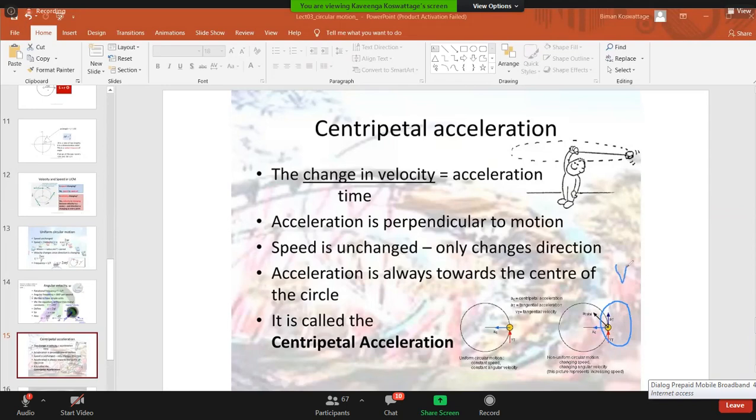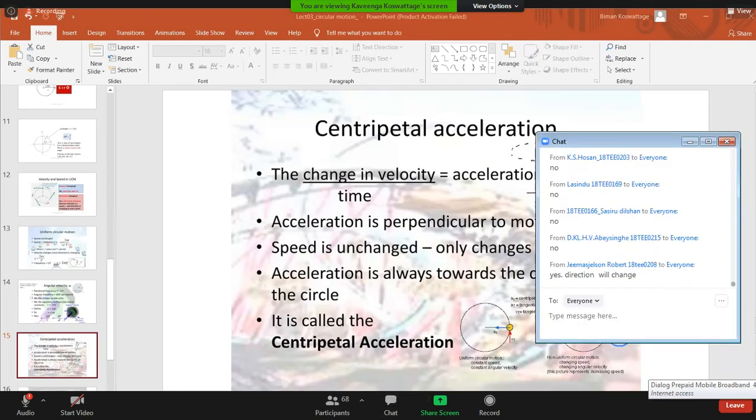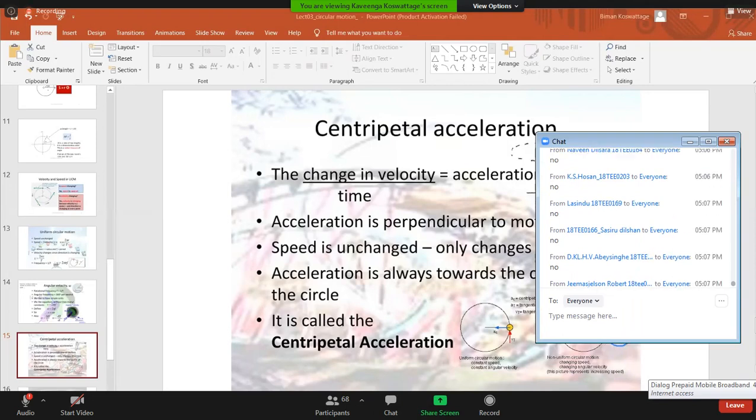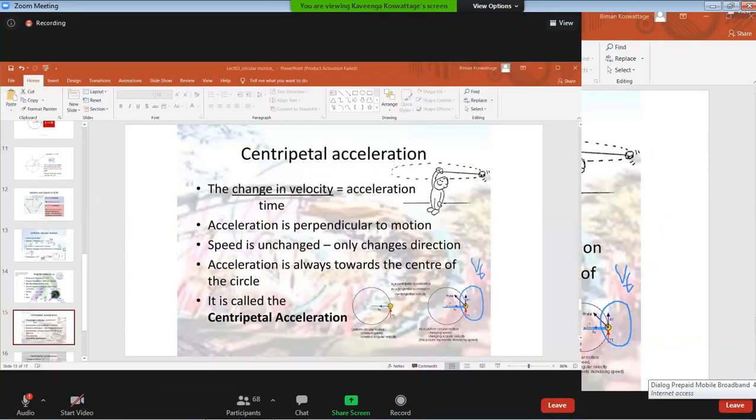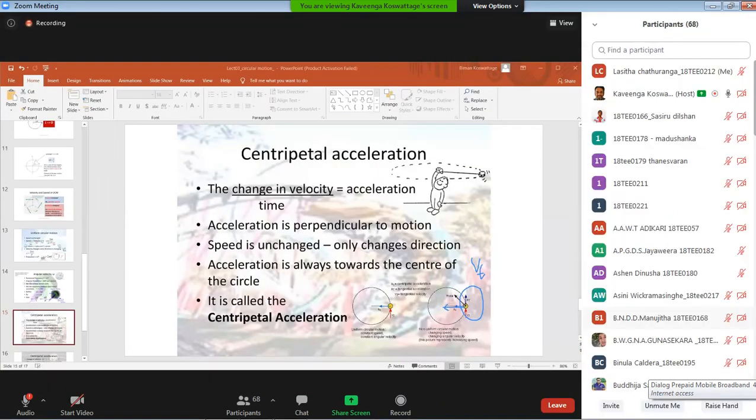VT is always changing, because the direction is changing. Because of that, you have AT. And at the same time, you have another acceleration towards the center, the centripetal acceleration, right?